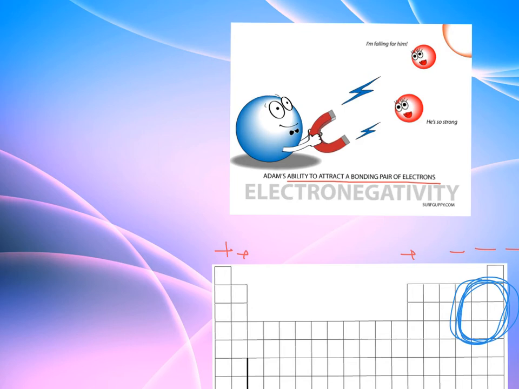So the electronegativity is much higher on this side of the periodic table than it is on the left. So that's a little graphic to help you remember that electronegativity is the ability to attract electrons, and the right side of the periodic table has typically higher electronegativities because they tend to become negative ions, so they are more interested in attracting electrons.